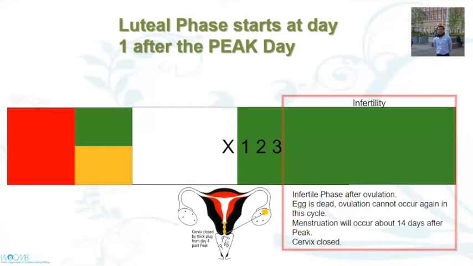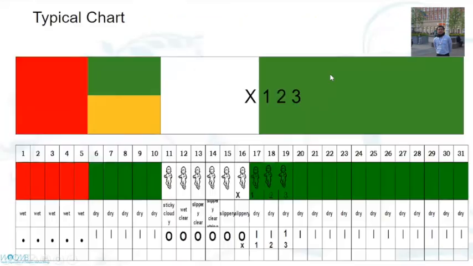If there is no peak, then no luteal phase, and there will also be no menstrual bleeding. So these are the different phases of the cycle using the slide rule. Okay? So if you compare the slide rule to the actual chart, you can now make a comparison. If you are using the slide rule, where is menstruation in the chart?